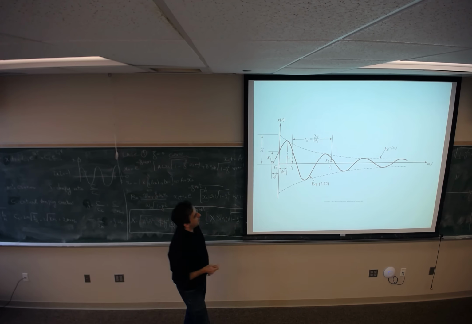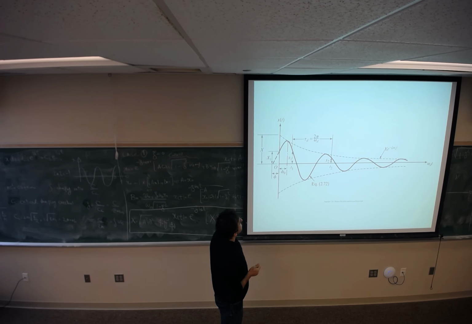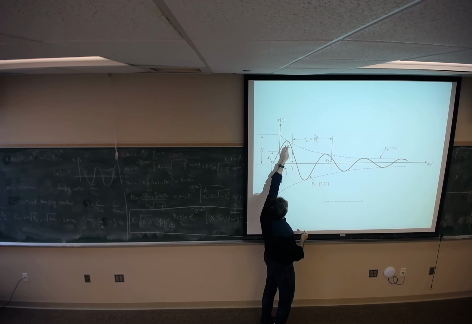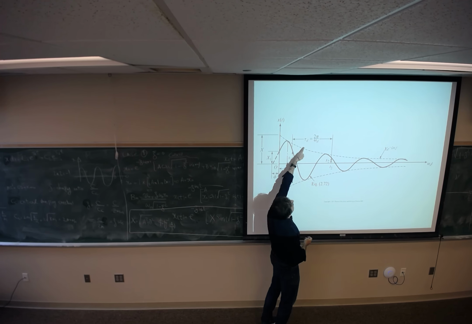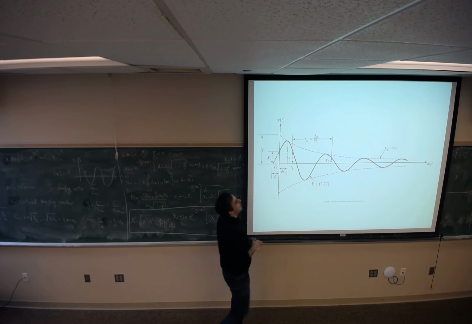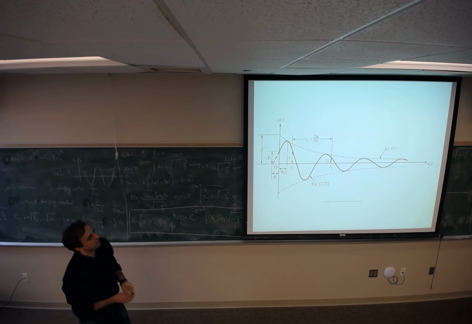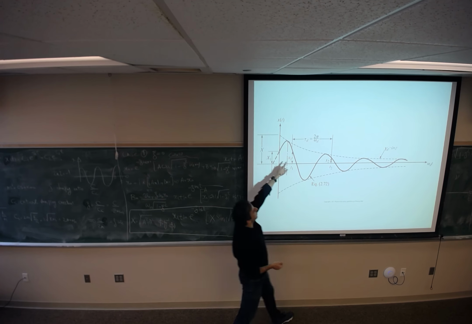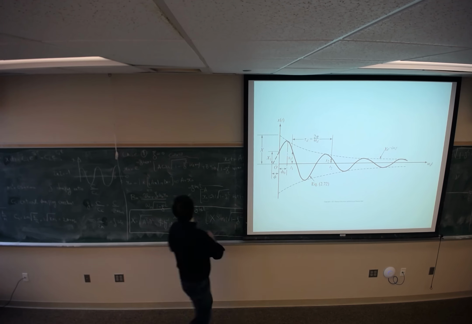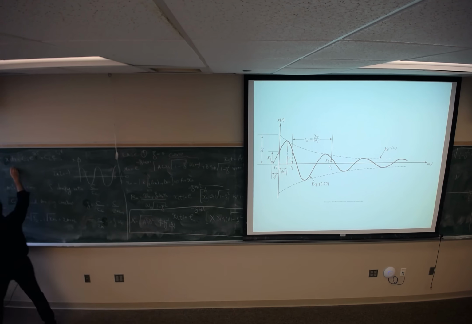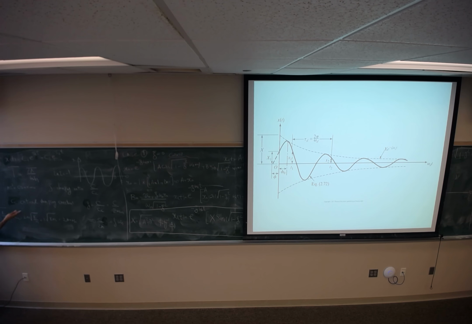And what else? I'm going to define a new term, which is the period of oscillation for damping system, TD. So we have the period of oscillation as T, which was 2 pi over omega n. I'm going to define another term for underdamped system as TD, 2 pi over omega d.